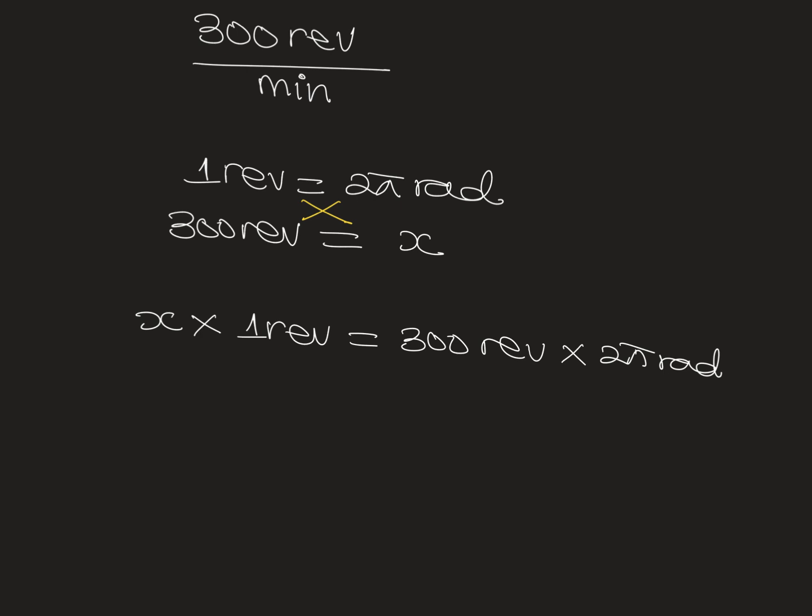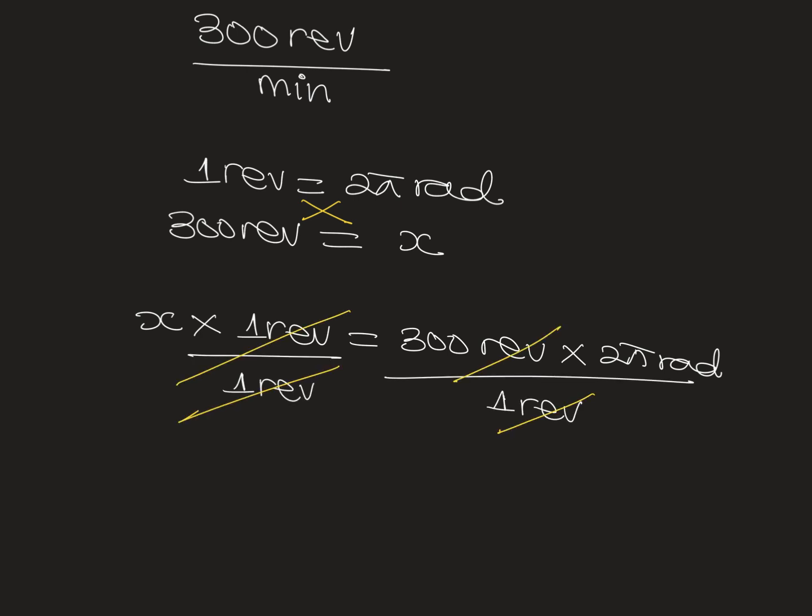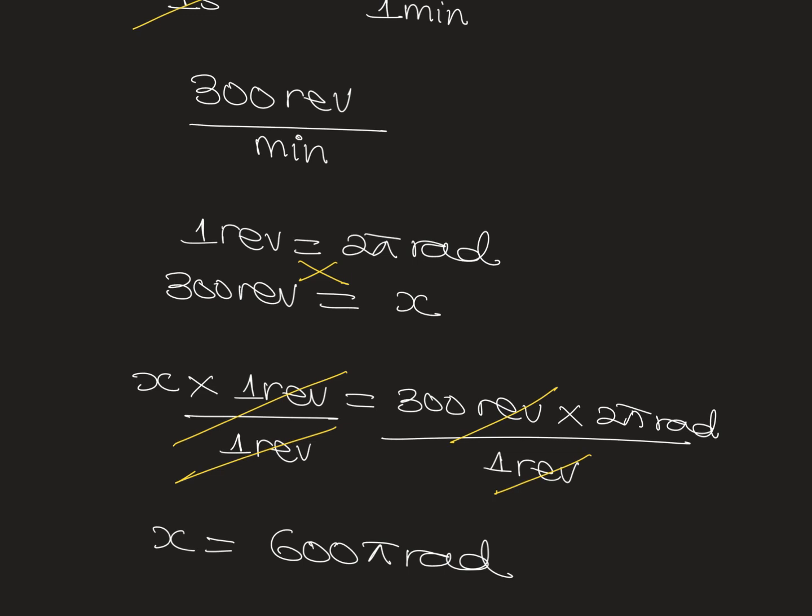To find x, we divide both sides by 1 revolution. This will cancel this. Revolution cancels revolutions. So what are we going to have? We're going to have x is equal to 600 pi radians. So it means this 300 revolutions is 600 pi radians.